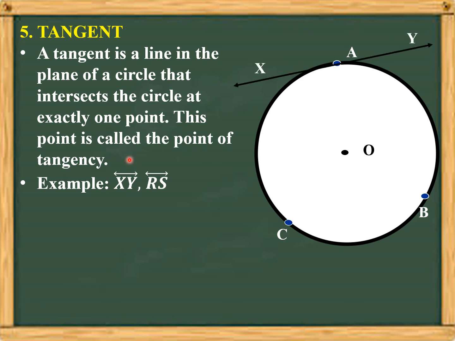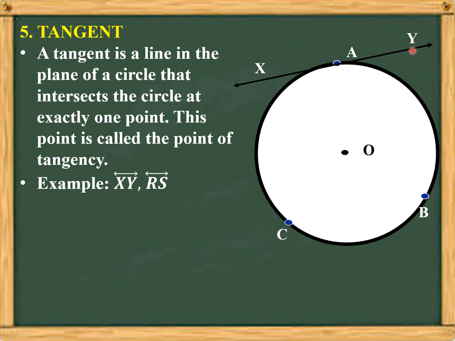So, for example, we have line XY at tumama siya sa ating point A. So, this is tangent kasi tumama siya sa isang point ng ating circle. So, this is tangent and point A is called point of tangency.